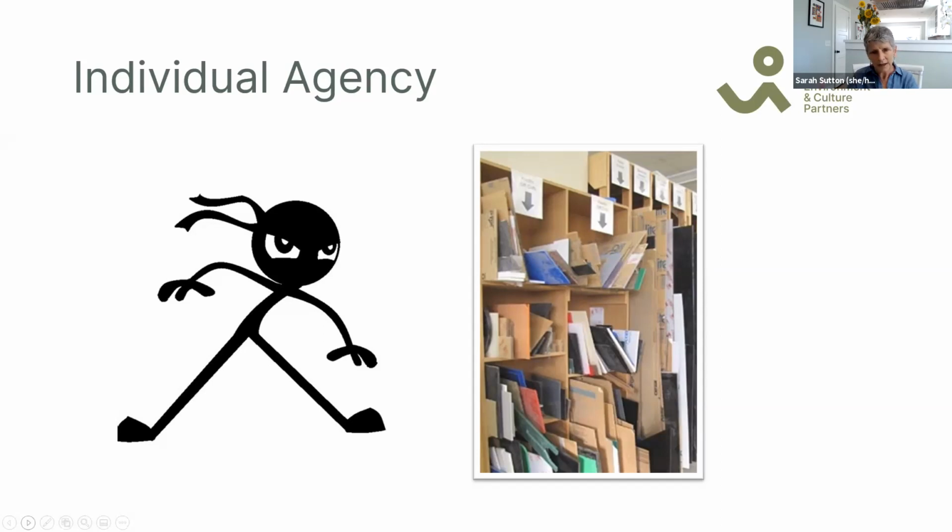Now, creating this is individual agency. One person said, hey, this is important to me, I'm going to do it. And it had some co-benefits, because not only does that person now make it so that everybody else doesn't have to buy extra materials, but now everybody else knows where to put things away to keep the shop clean.